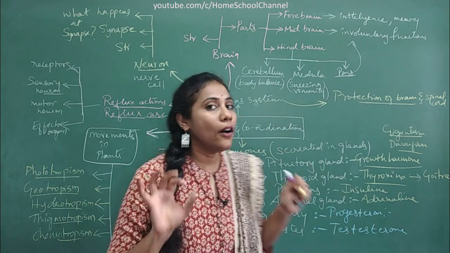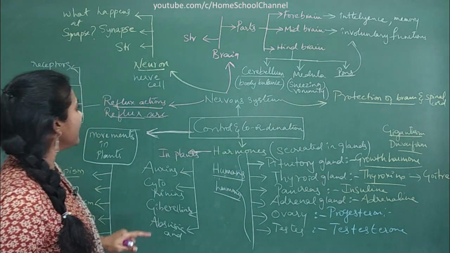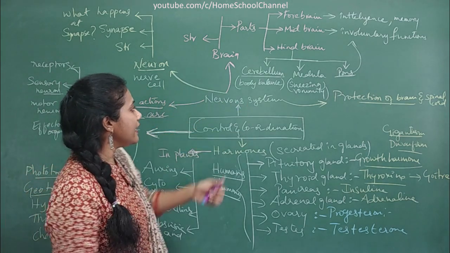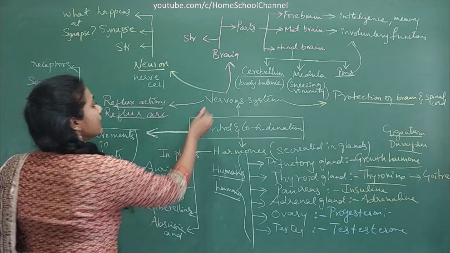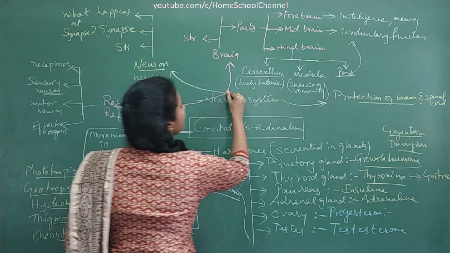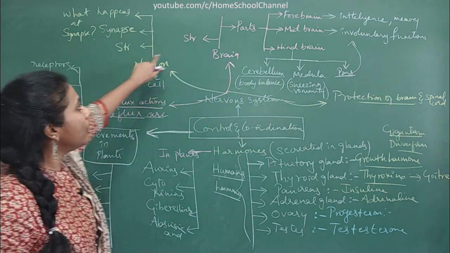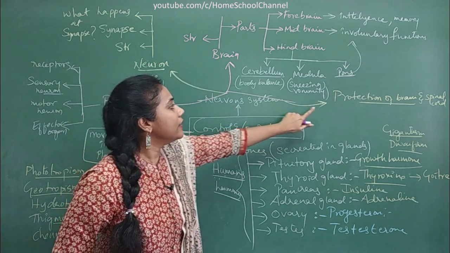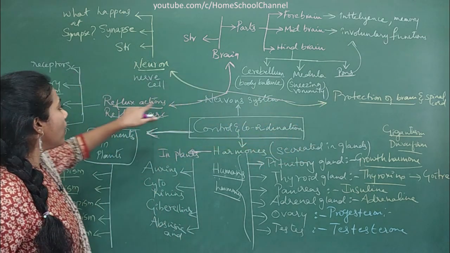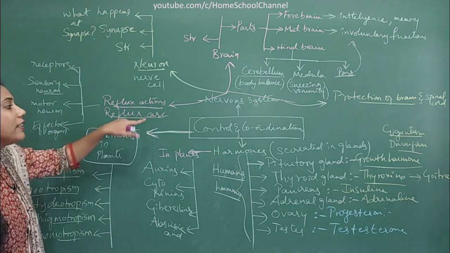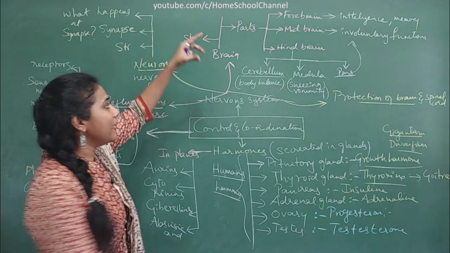Okay, so one final revision, let me do it. So first thing you will study is the nervous system, right? So in the nervous system, there are 4 aspects that you have to remember. One is about neuron, the other one is brain, then protection of brain and spinal cord, and then reflex actions or reflex arc. This is one part of the chapter.